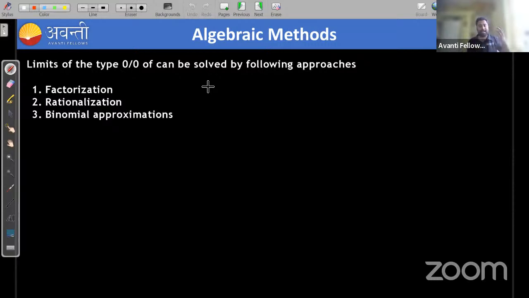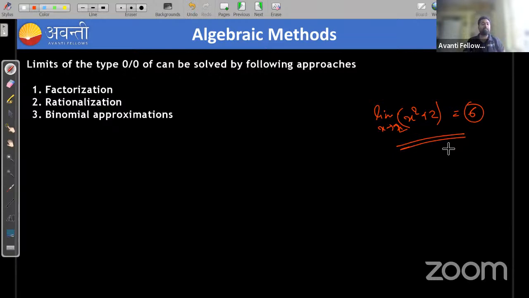Direct substitution also works when you have a finite limit. Suppose a very simple example, limit x tending to 2 of x square plus 2. This limit is actually 6, right? So this is a finite limit.